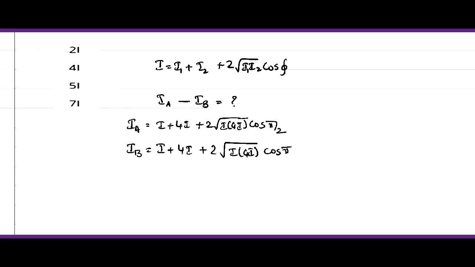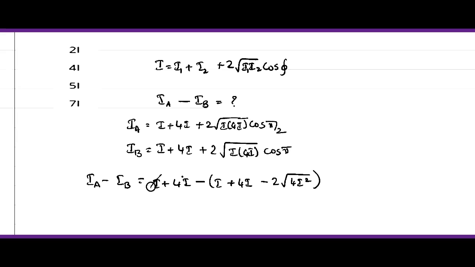So now we shall take the difference between them. We write IA minus IB, which is equal to, see, first term what all you get, I plus 4I. This cos pi by 2 is 0, so this term goes off. Minus of I plus 4I, then cos pi is how much, minus 1. So you write 2 into root 4I square.